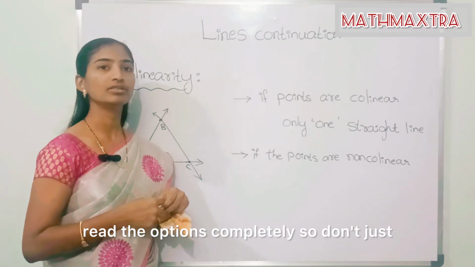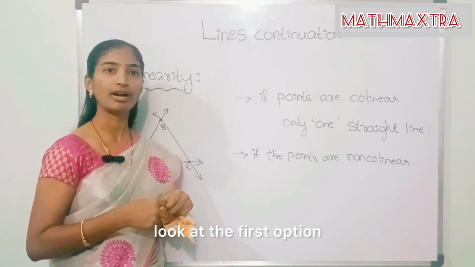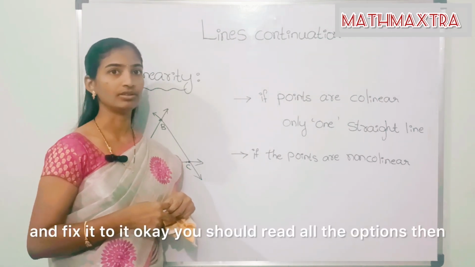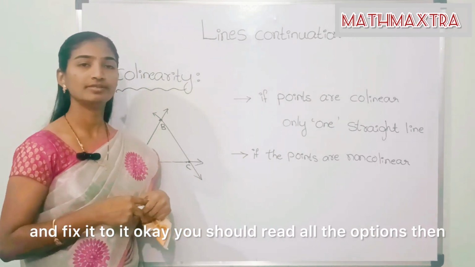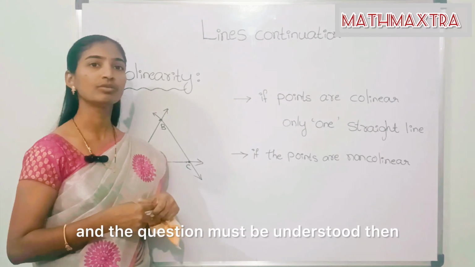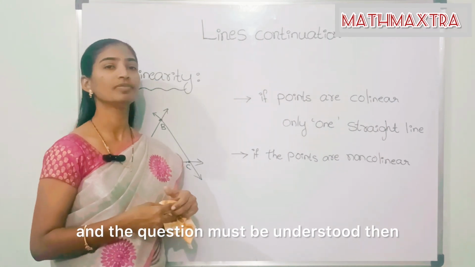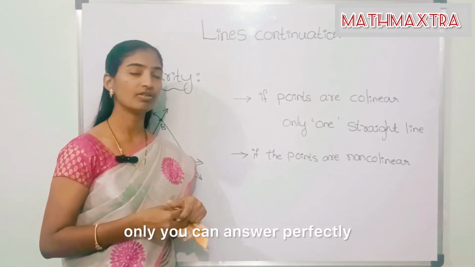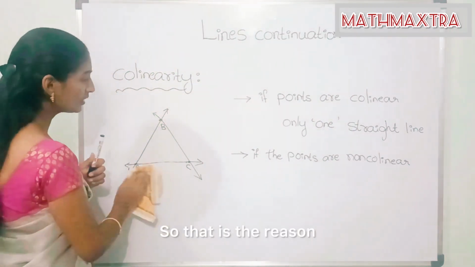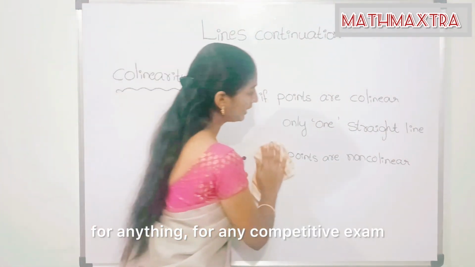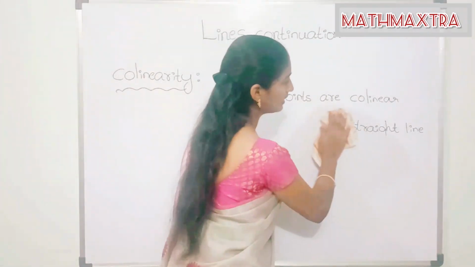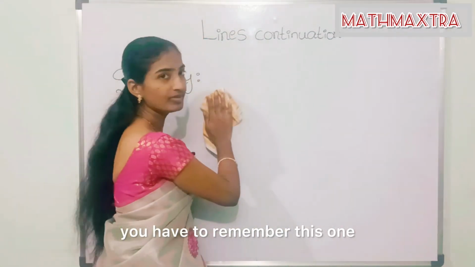Don't just look at the first option and fix on it. You should read all the options, and the question must be understood, then only you can answer perfectly. For any competitive exam, you have to remember this.